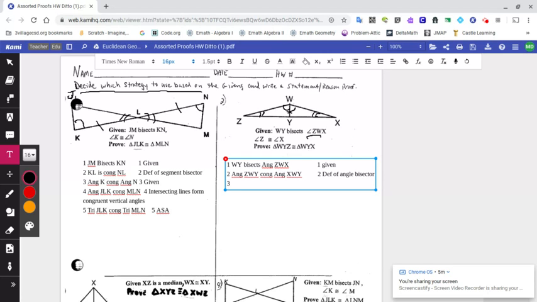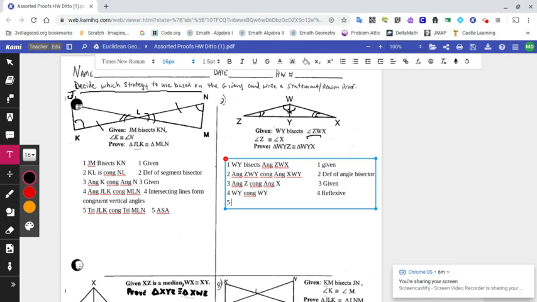Three, we have angle Z congruent to angle X, given. Four, we have WY congruent to itself, reflexive postulate. Five, and that's it.